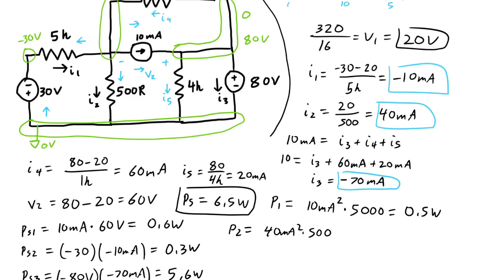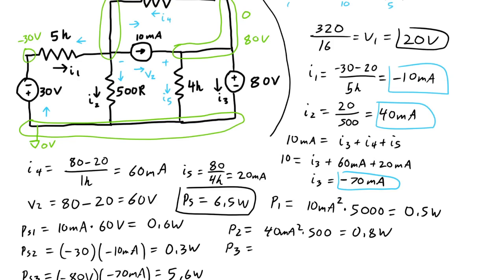And double check that calculation. Yeah, forgot the square. Times 500 equals 0.8 watts. Power 3 is going to be, let's take the 4K resistor. Doesn't matter which one.